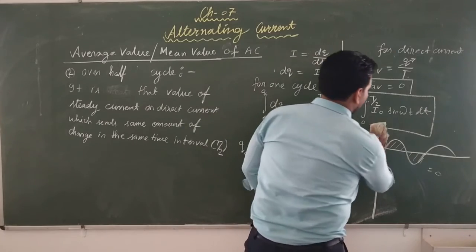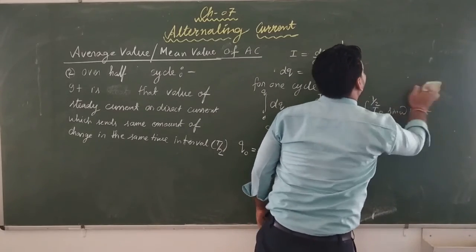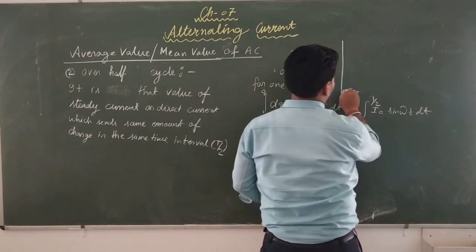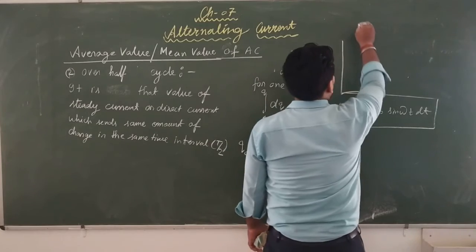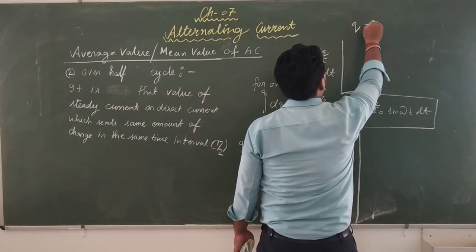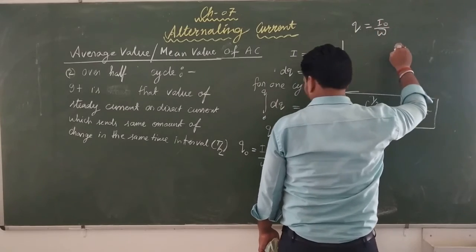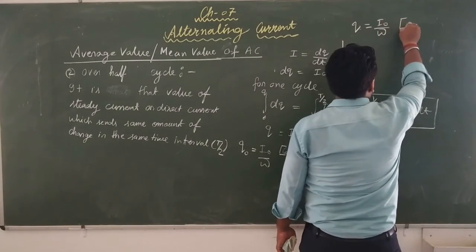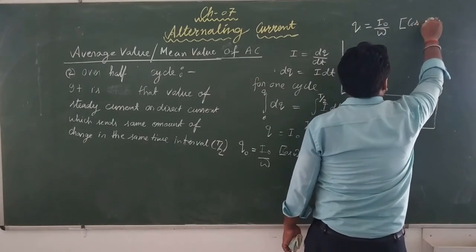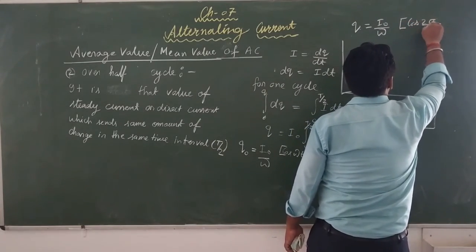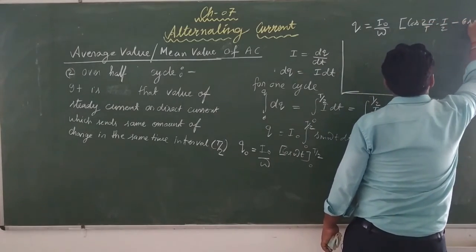Now let us put the values for it. We are going to have Q is equal to I naught by omega. When we put the limits, and I am doing two things together, cos of 2 pi by capital T in place of omega, into T by 2, minus cos 0.